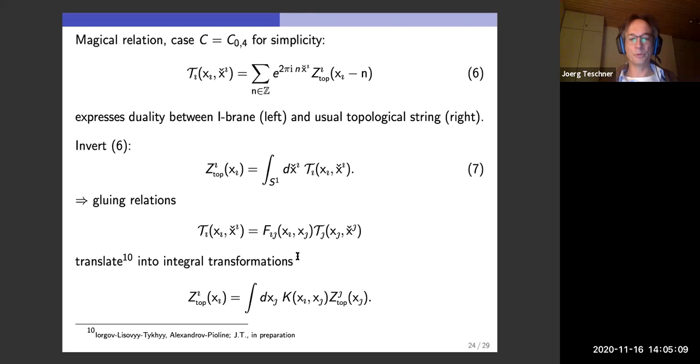This kernel is determined by this factor here. So already this looks pretty quantum, but for the moment it's just a straightforward consequence of the inversion of this magic transformation between this side and this side, which was expressing the duality between the I-brane picture and the topological string picture.